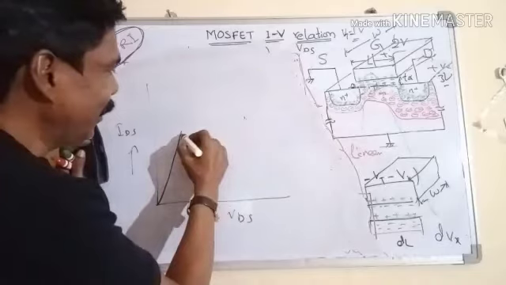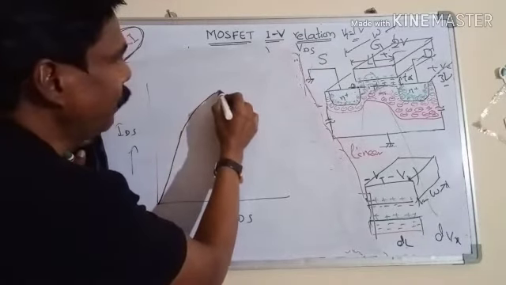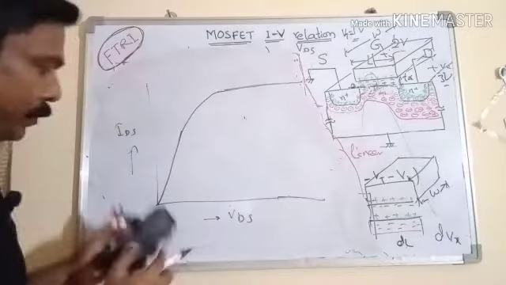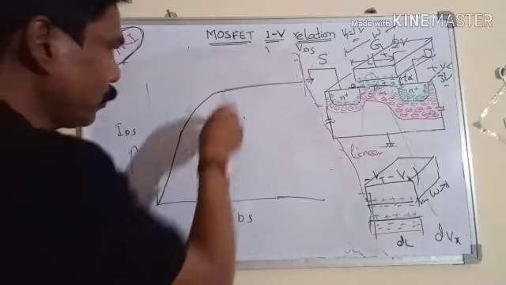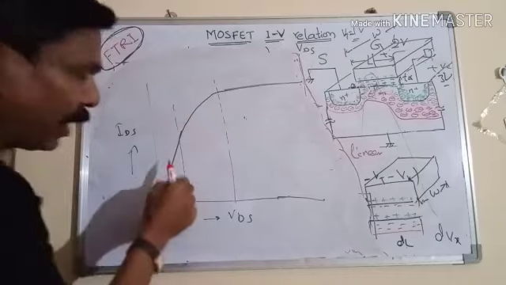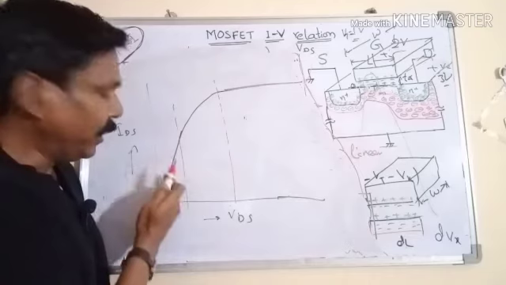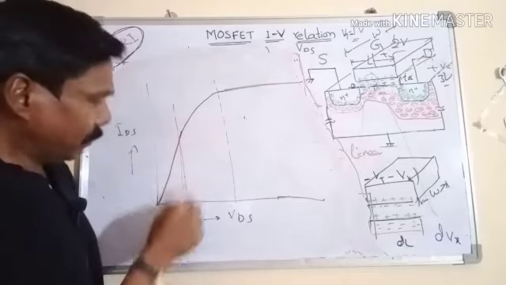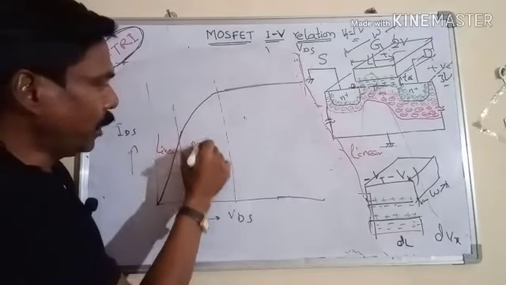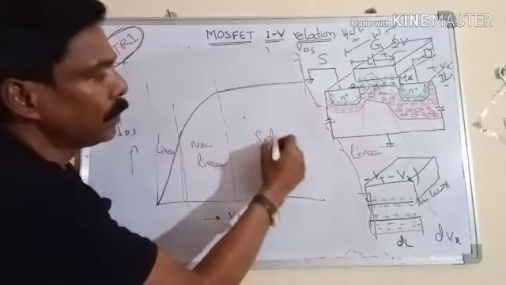As it increases further, it will deviate from linearity, and then at a point it becomes saturated. It won't change with VDS. We cannot bifurcate very precisely the deviation from linear to non-linear, but we can see some point here. This is linear, non-linear, this is saturation.